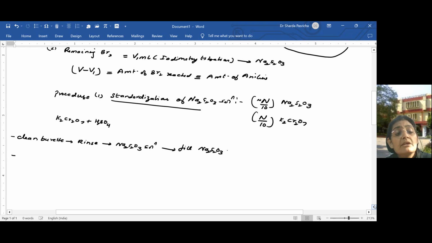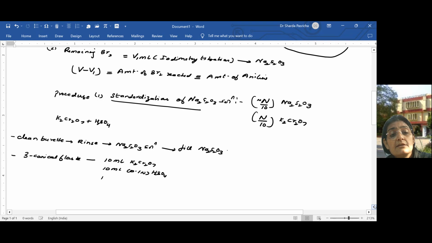Then you will take 3 conical flasks, the 3 titration flasks, and in each of them you will put 10 ml of potassium dichromate solution, 10 ml of 0.1 normal sulfuric acid, and 10 ml of 5% potassium iodide solution.